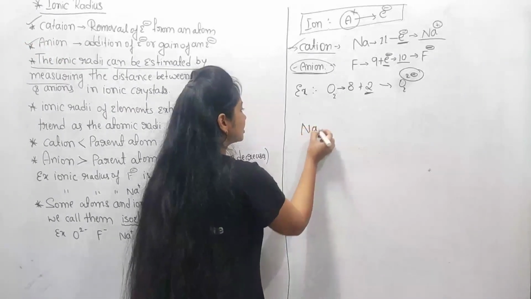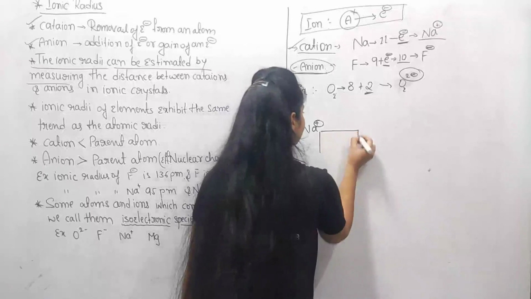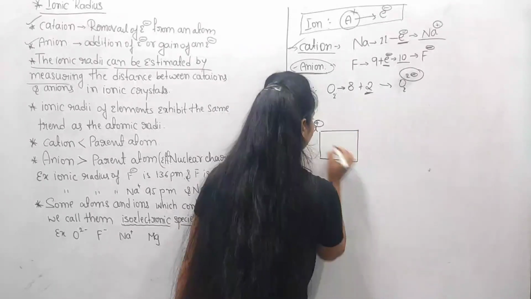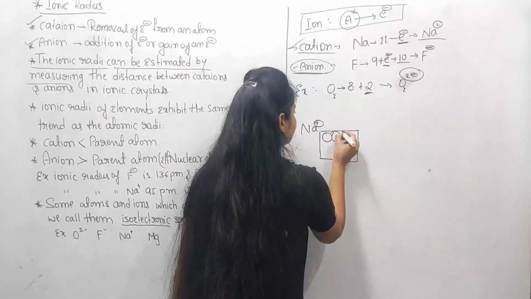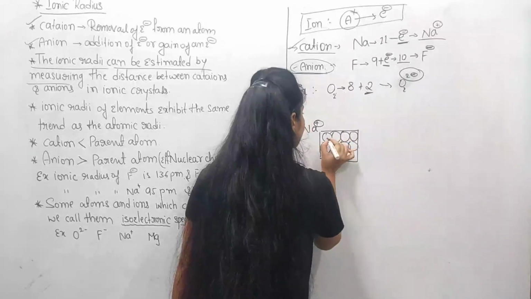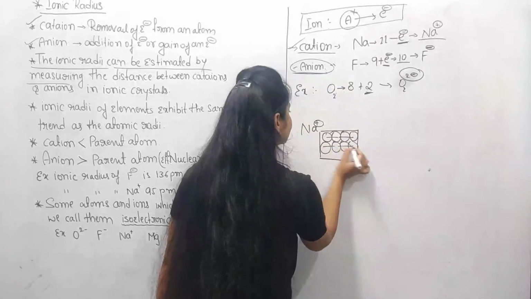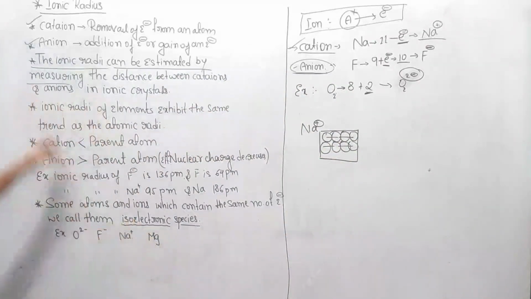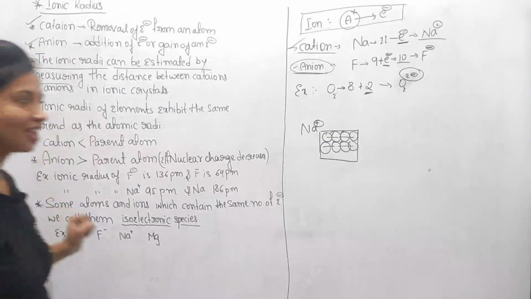Consider this is the ionic crystal, where we have the sodium cations. If we measure the distance between these cations, then we estimate the ionic radii.